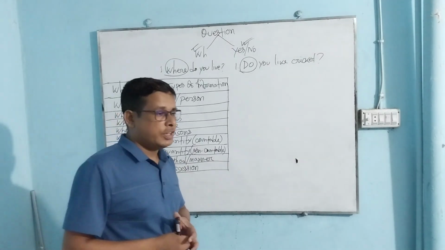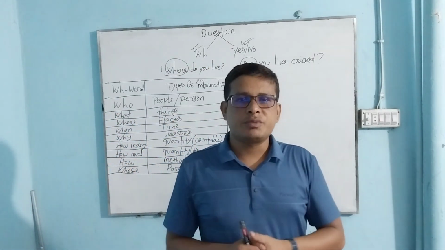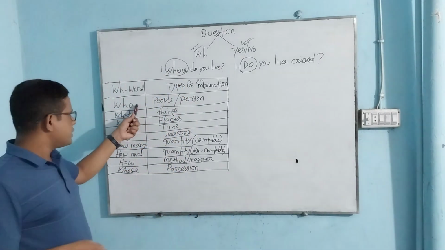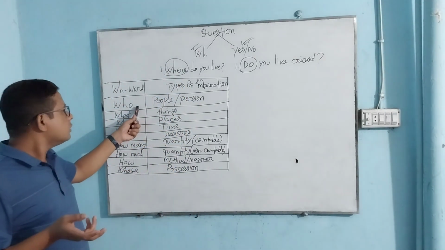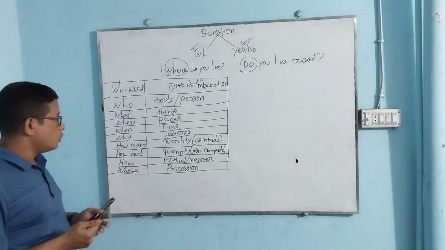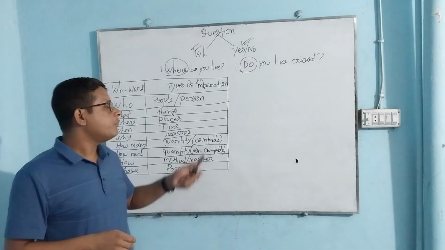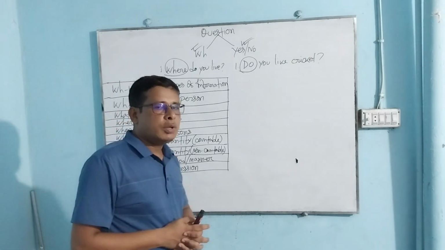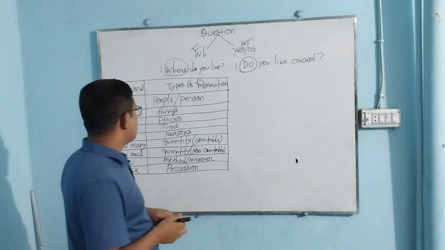Each word is used to get different types of information, such as who. Who is normally used to know about people or a person.